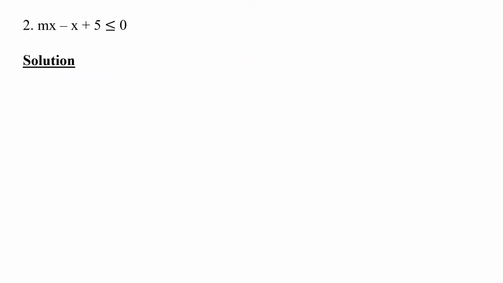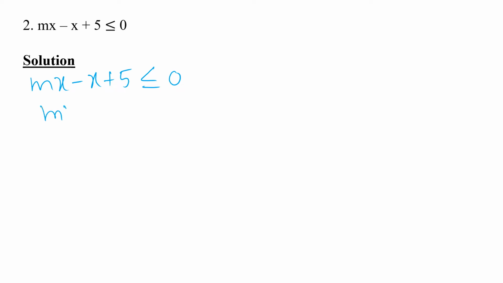Example number 2. mx minus x plus 5 is less than or equal to 0. Solution: you have mx minus x plus 5 which is less than or equal to 0. We have to solve for x.